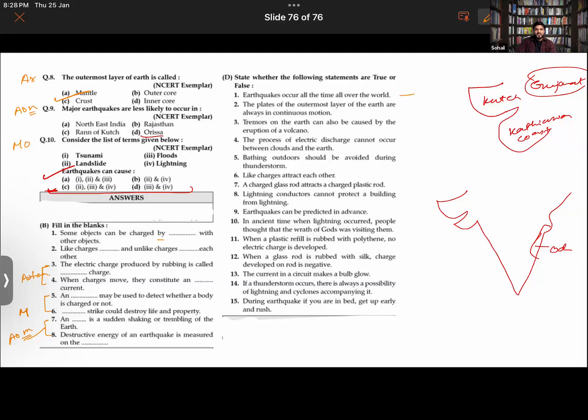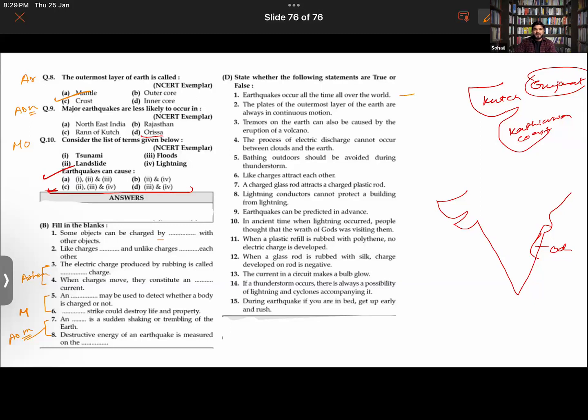There was fork lightning, and there was one more. Anyone remember? I think it was fork lightning and in situ lightning.